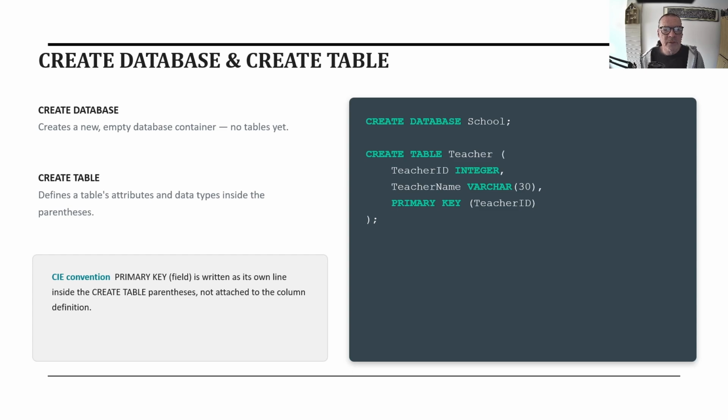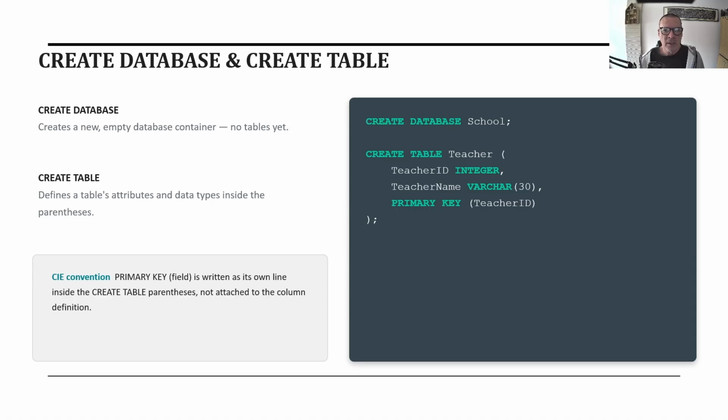Then we're going to create our first table within the database, and here we're creating a data table called teacher. And we define the attributes and data types of the fields within the table. Again, this is just structural. There's no actual data yet other than the data dictionary itself. So we create teacher and we say, for example, teacher ID is an integer data type and teacher name is a varchar data type with a maximum length of 30.